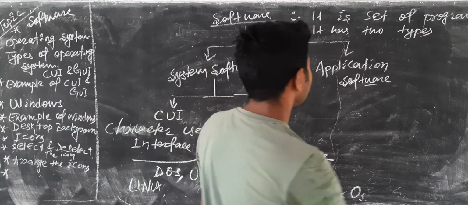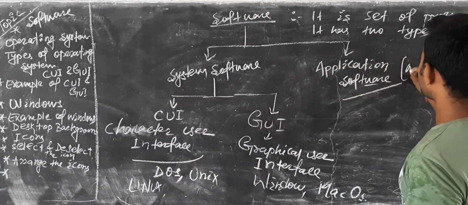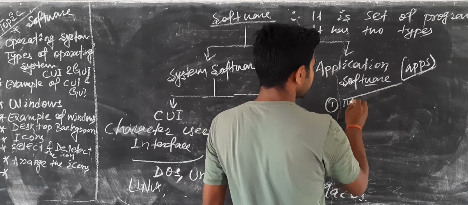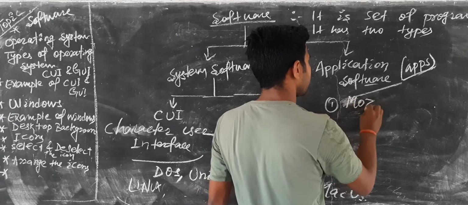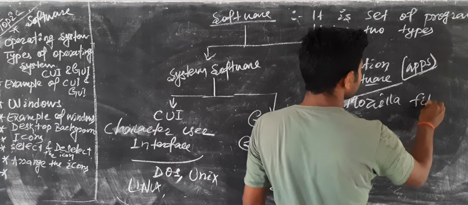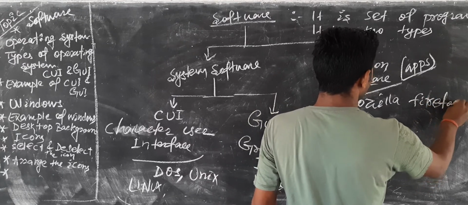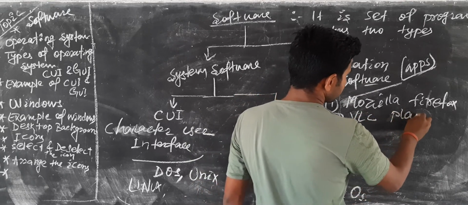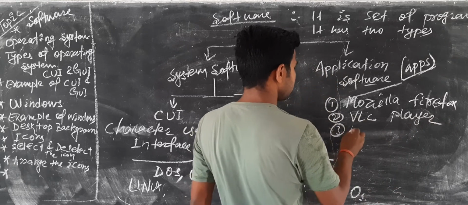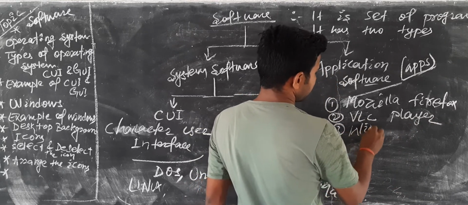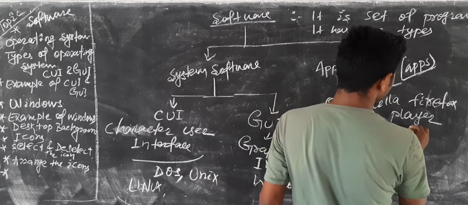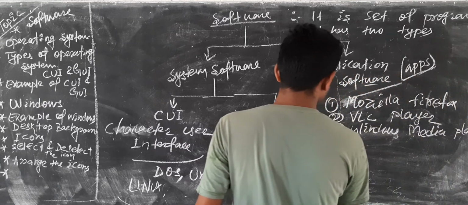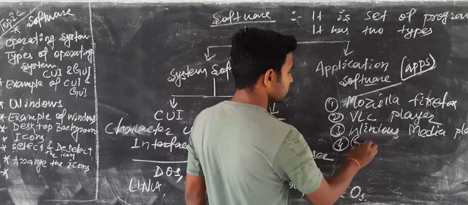Now application software. Its short name is apps. Examples are, first, Mozilla Firefox, second, VLC player, third, Windows Media Player, and fourth, many more, Google Chrome also.